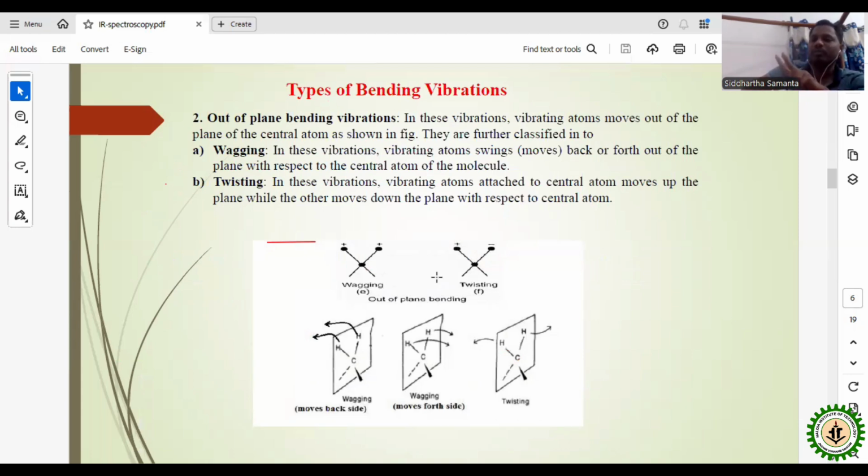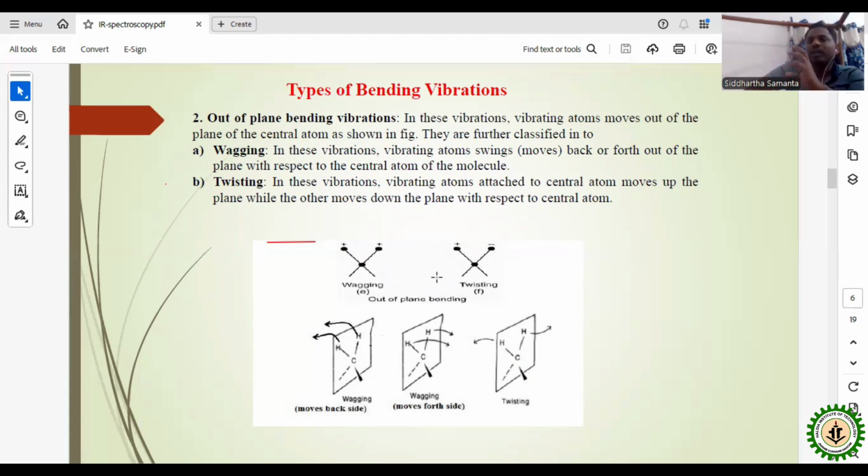When two atoms go up the plane and down the plane, up, down, in that way, this is called wagging. And if two atoms, one is up, another is down, one is up, another is down, this type of bending mode is called twisting.